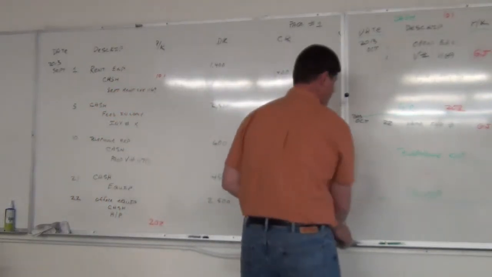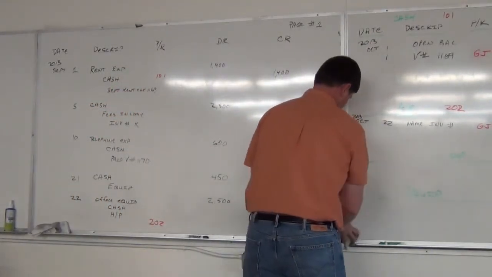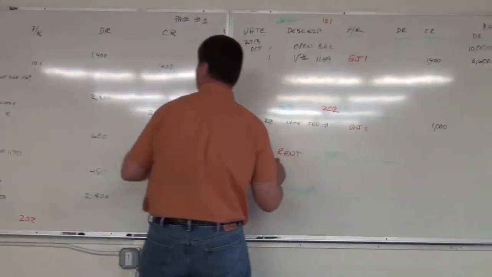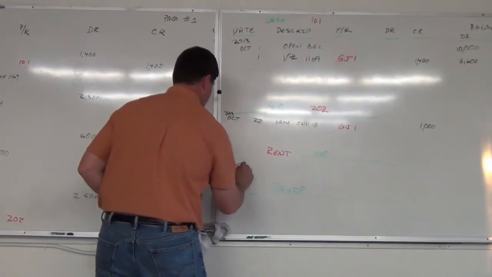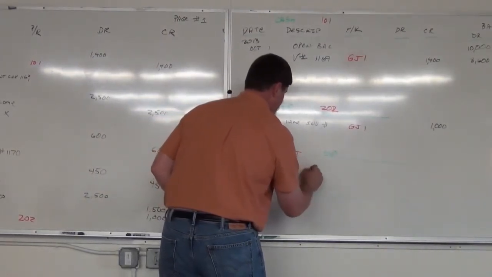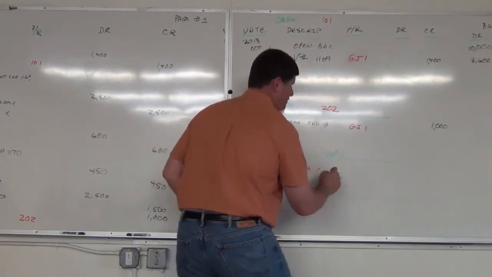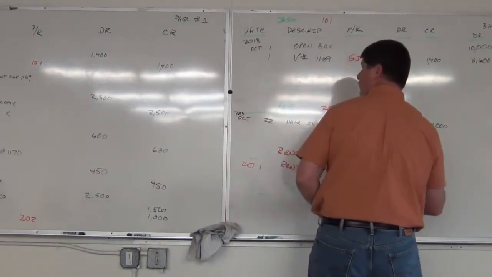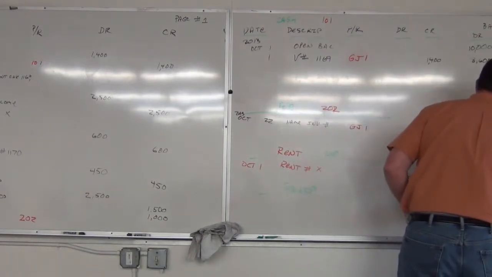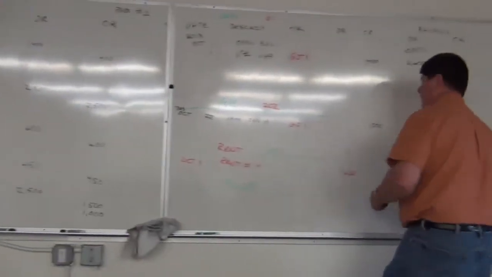So, then it would be the same. You get the date, the check number, whatever it is, and you would post your debit for $1,400 and a balance of $1,400.